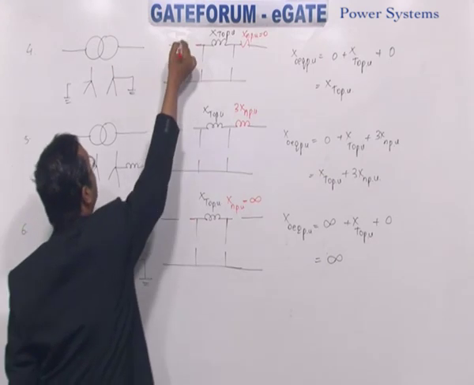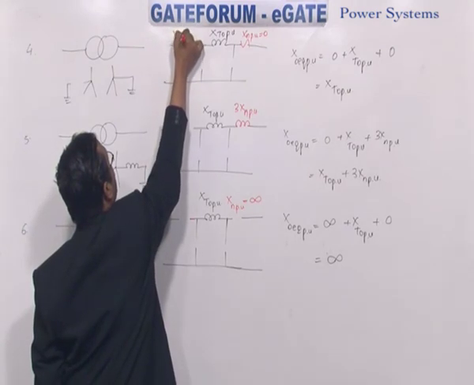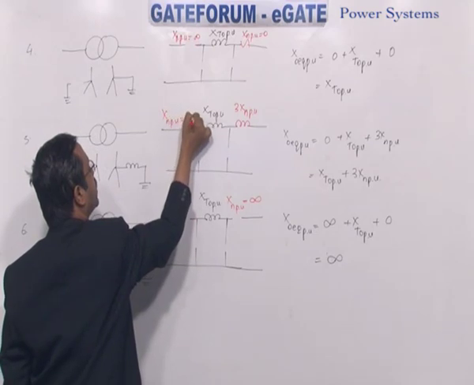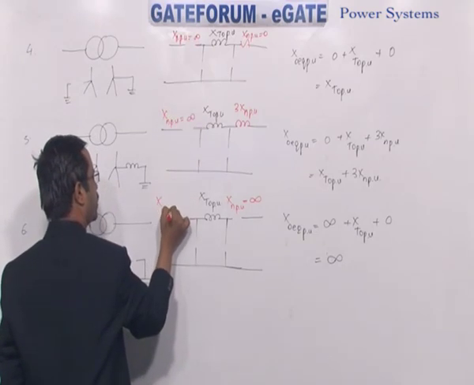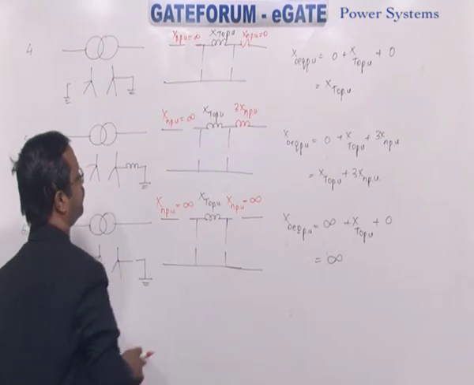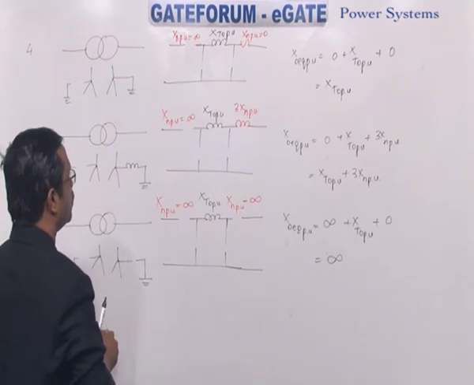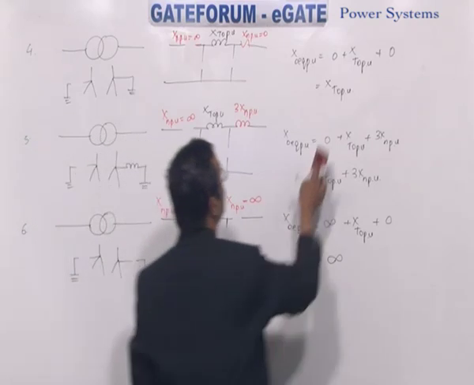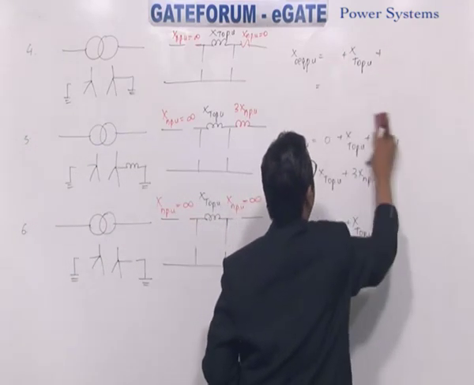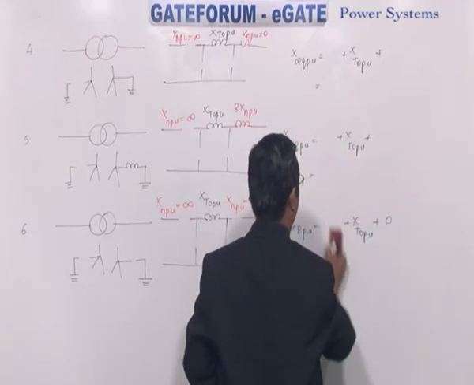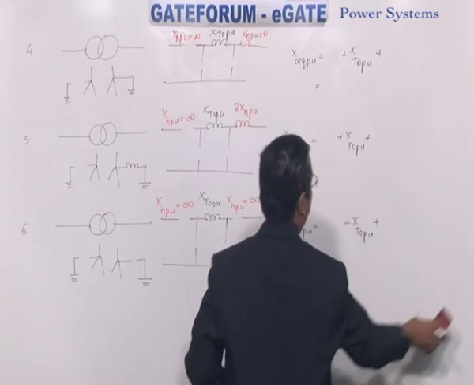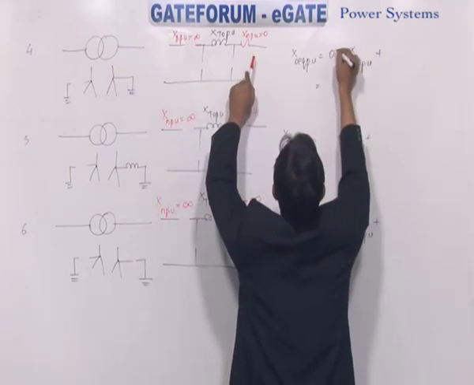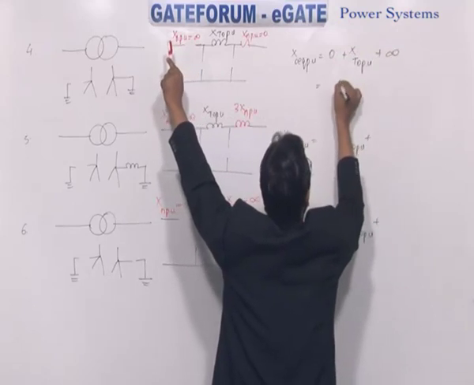So what about the Xn per unit now? Isolated means you know that Xn per unit is infinite. And then what about X0 equivalent? By default you write XT0. Then you travel through the switches you have operated.